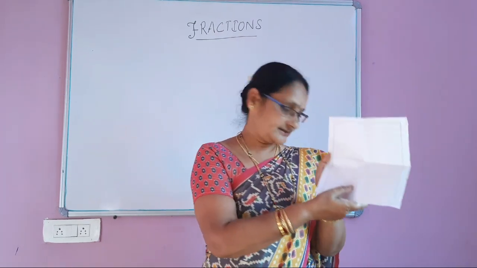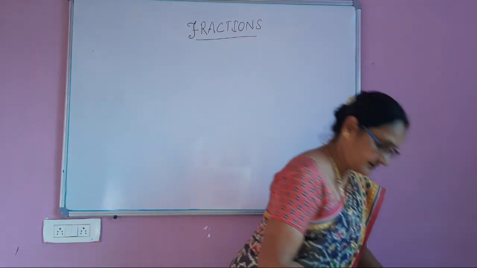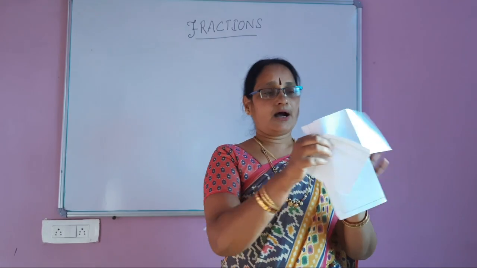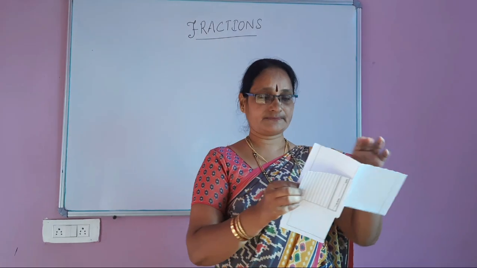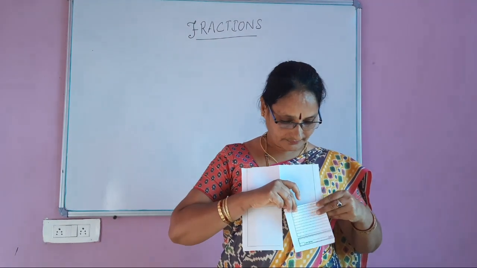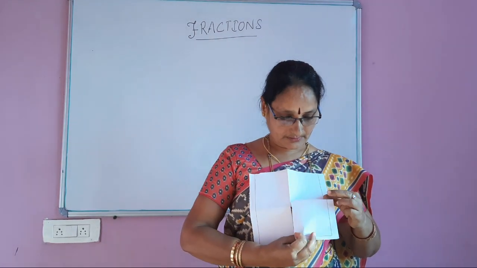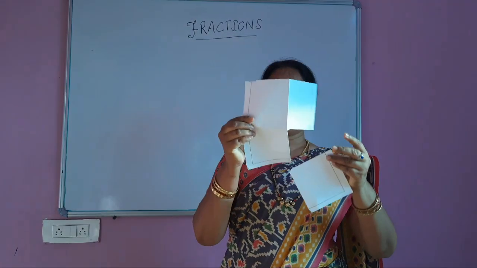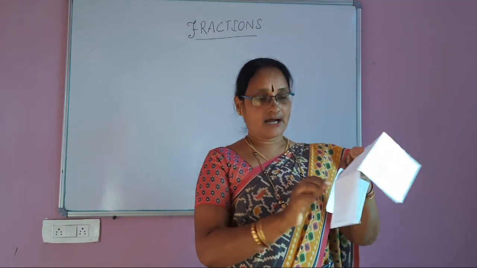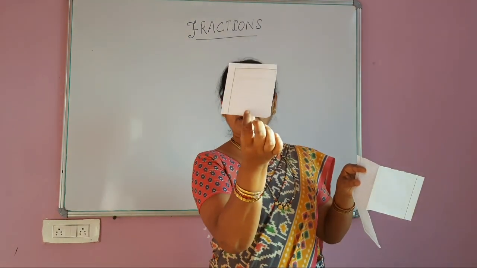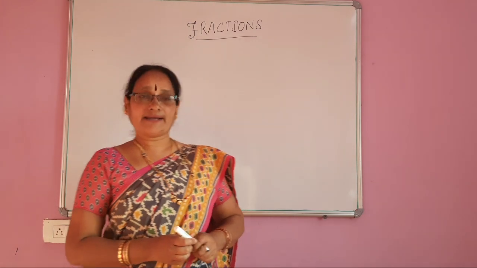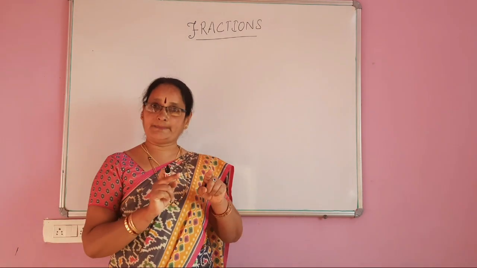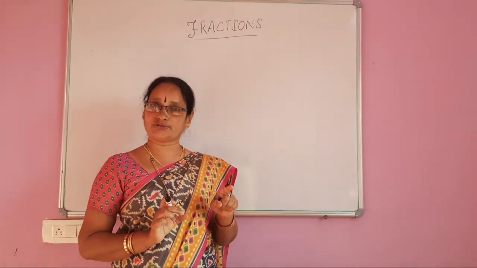In these 4 parts, if I take one part like this, out of 4 parts, I am taking one part out. That means among 4 parts I have taken one part out. So in the whole paper one part is taken out.